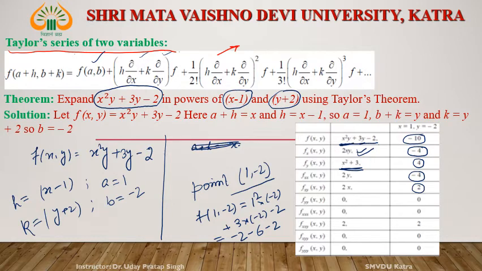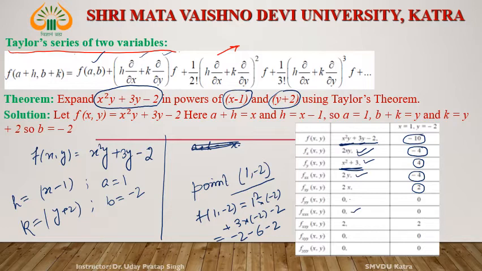∂²f/∂y². What is ∂f/∂y? ∂f/∂y is x square plus 3. Again differentiating this with respect to y, that is 0. Okay. What is the third derivative with respect to x? ∂³f/∂x³. Differentiate this, this is 0.